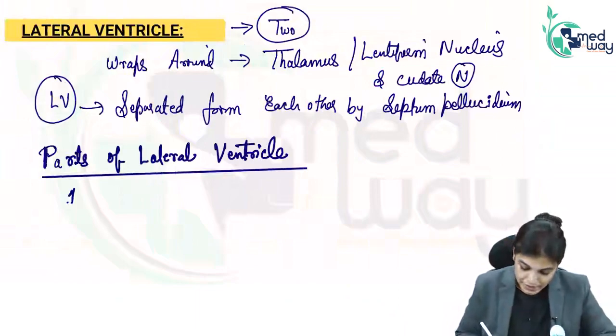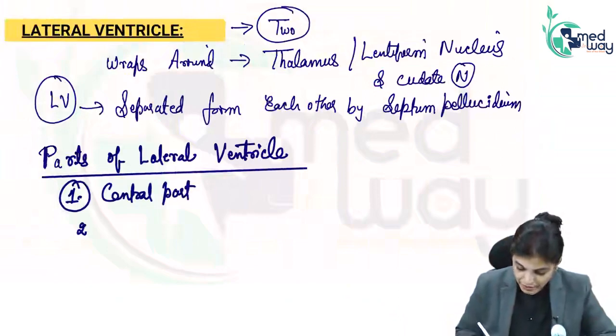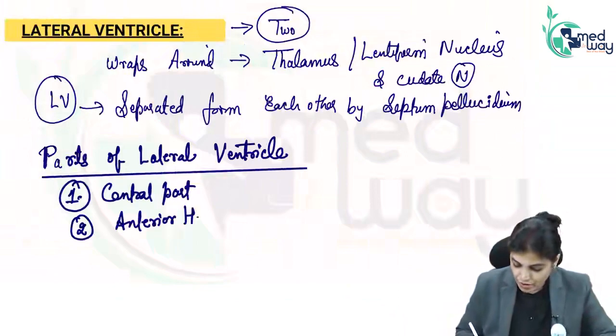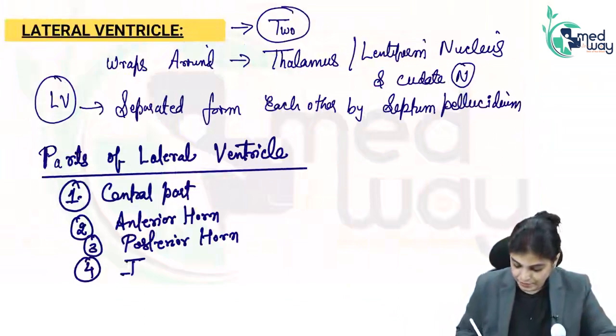So we have got 4 parts. We have got the central part, which is also called as the body. We have got the anterior horn. We have got the posterior horn, which is called as the occipital horn. And we have got the temporal or the inferior horn.